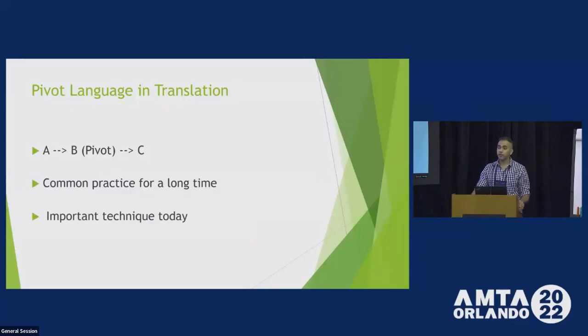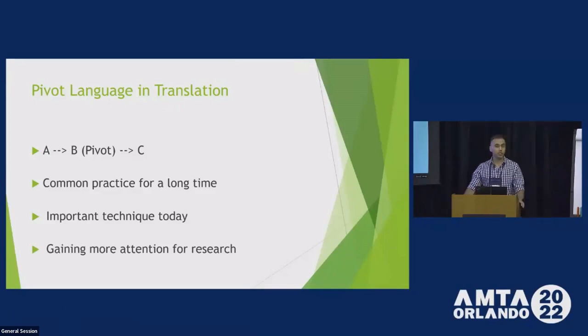It's also a very important technique nowadays. For instance, the European Union is using the more common languages, which are English, French, and Spanish, as pivot languages to translate into the less common languages they have.